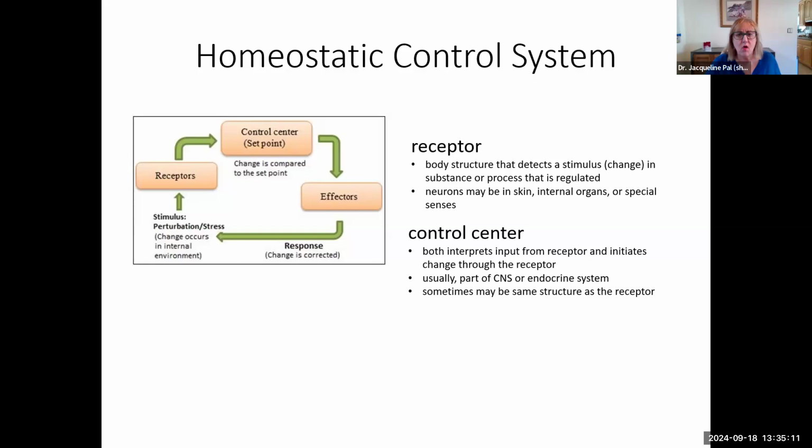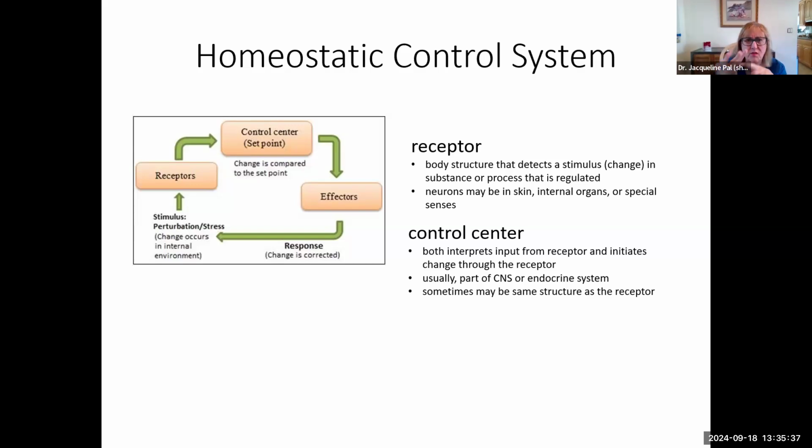What do we think is normal? And the control center has to interpret this message, interpret this sensory input from the receptor, compare it to the normal, and is now going to initiate a change. And this is going to happen either through the central nervous system or through the endocrine system.